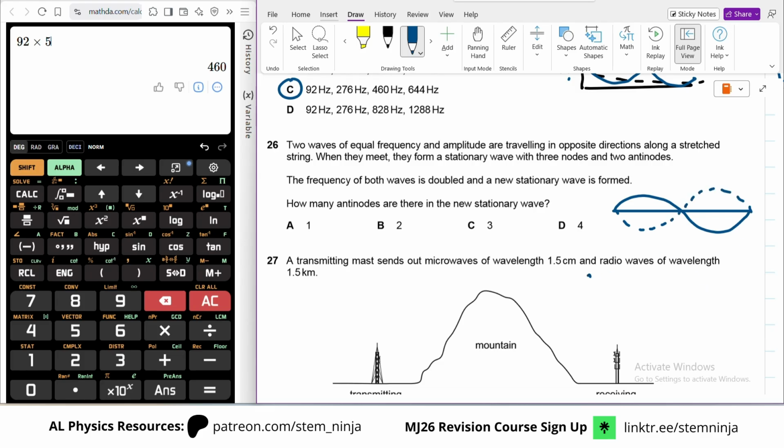Where frequency is V over lambda, and lambda is L in this case, so this would be V over L. But now you are increasing the frequency, doubling the frequency, this would mean that lambda is equal to L over 2. Right, so L would be equal to 2 lambda. So this means that you are incorporating 2 waves over here.